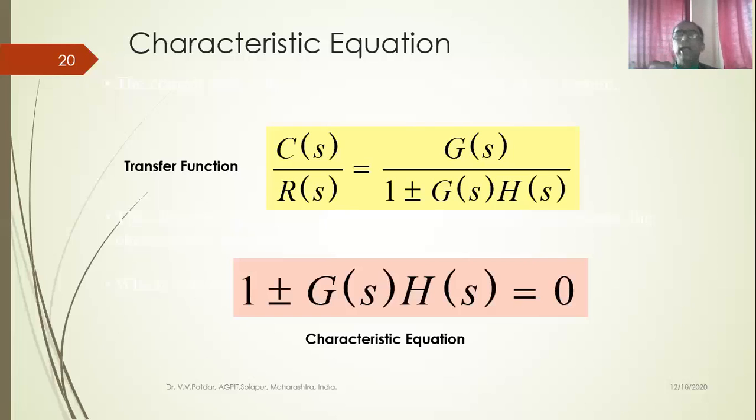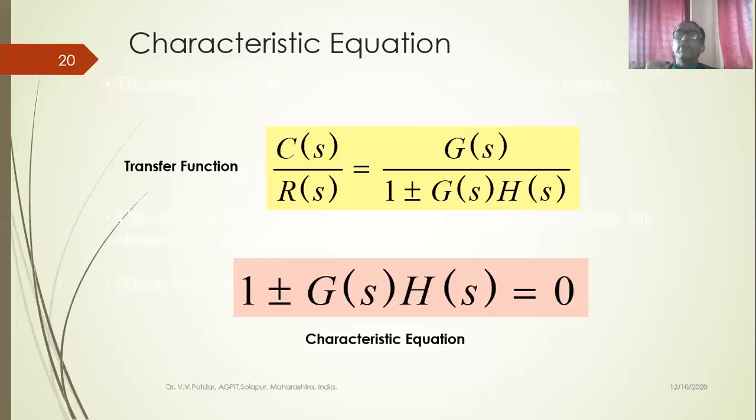Now when I say that for my spring mass dashpot system to operate smoothly, to operate in a stable manner, I can tell the designer what values of stiffness K, what values of B, and what values of mass the designer should use so that the system remains stable.